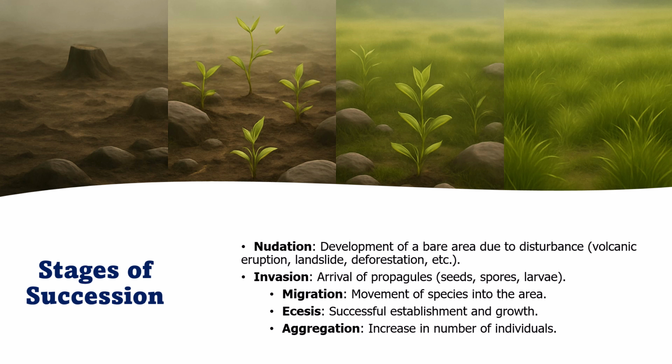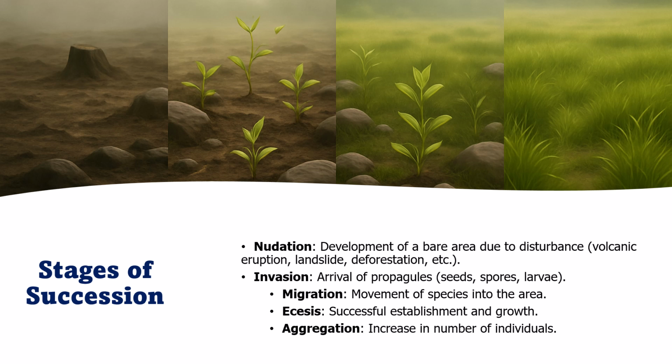Now talking about the stages of succession. Succession proceeds through distinct stages. It begins with nudation, where a barren area is formed due to disturbances like volcanic eruptions and landslides. Next is invasion. As seeds, spores, or larvae arrive in the new habitat, migration begins, followed by ecesis, the successful establishment of organisms.